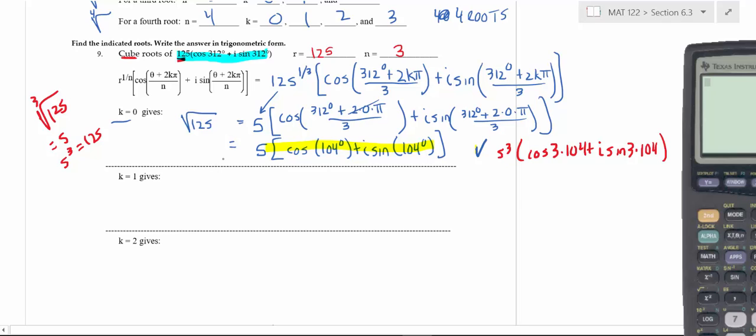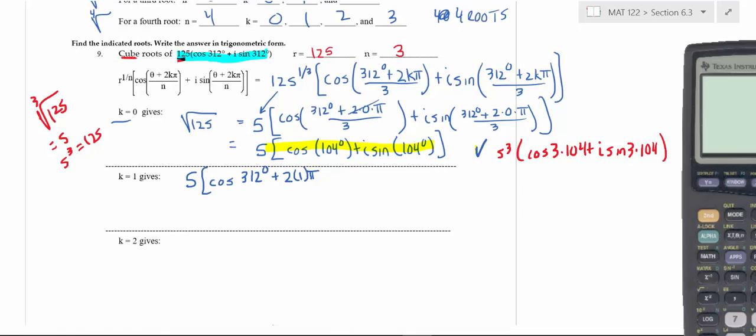Now the next one's going to be 5. The cube root of 125 is 5, and we're going to do cosine of 312 degrees plus 2 times 1 times pi. And really that should be in degree form. We really need to write that as pi is 180 degrees, or 2 pi is going to be 360 degrees.